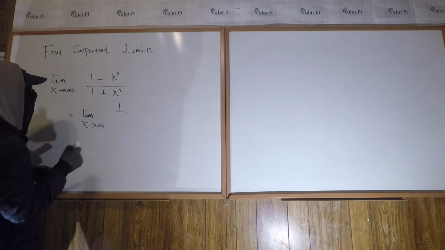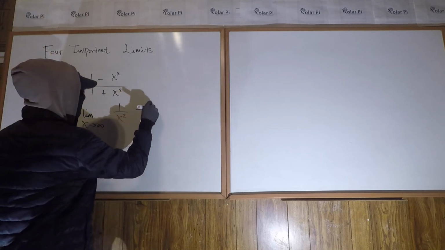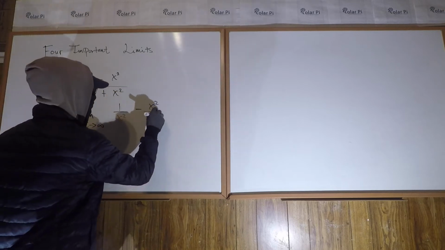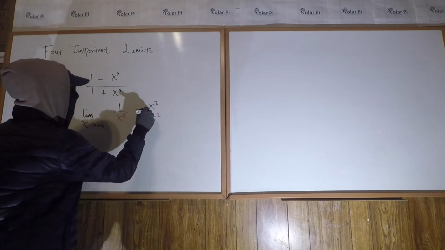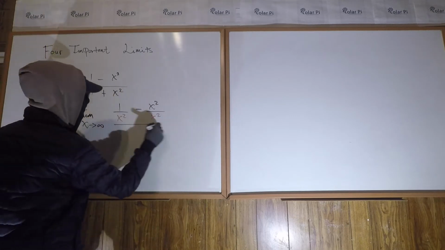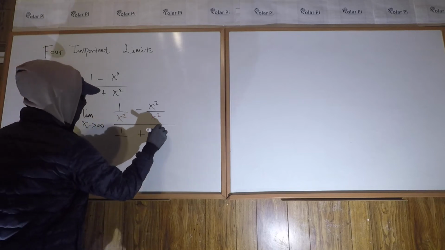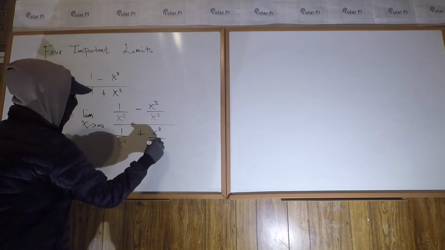So 1 over x squared, and then minus x squared over x squared, over 1 over x squared plus x squared over x squared.